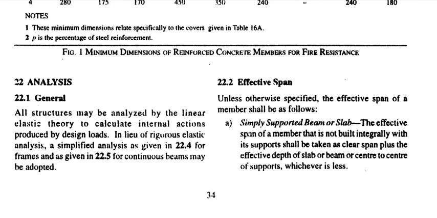Simply supported beam or slab, the effective span of a member that is not built integrally with its support shall be taken as clear span plus the effective depth of slab or beam or center to center support, whichever is less. We have done that there. So let's go to notes again.